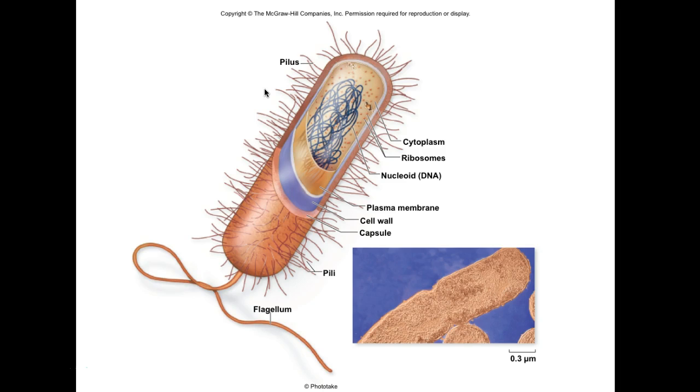The nucleoid is the area where the DNA is stored. You have a plasma membrane, the cell wall, and a capsule. A capsule is also known as the glycocalyx. That's going to be surrounding the outside of the cell wall, and then a flagellum is used for locomotion.